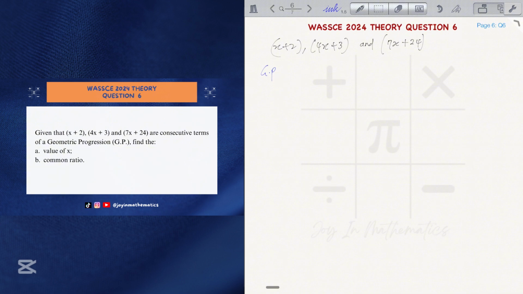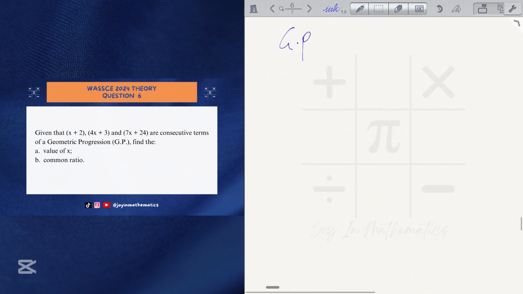So let's consider GP now. Let's look closely at GP. For a geometric progression, the nth term is the first term a, multiplied by the common ratio r raised to the power of n minus 1. A is the first term, r is the common ratio.